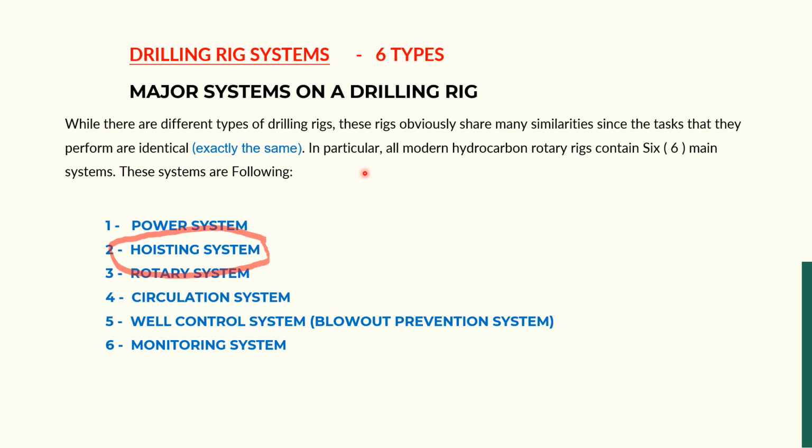But in onshore and all kinds of offshore rigs, the functions and equipment are mostly similar. So today we will learn what the hoisting system is, how it is done, and what the different equipment are which comprise the hoisting system. So let's start the session today.